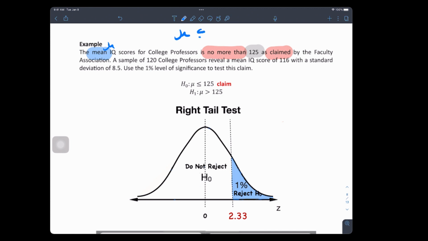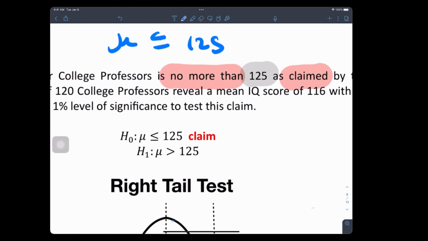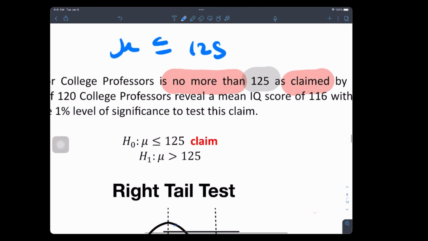It's less than or equal to 125. Isn't that the claim? Did we put it in the right spot? Let's put it all together. What do you guys think? That's a null because it has a condition of equality. Here's the alternate.